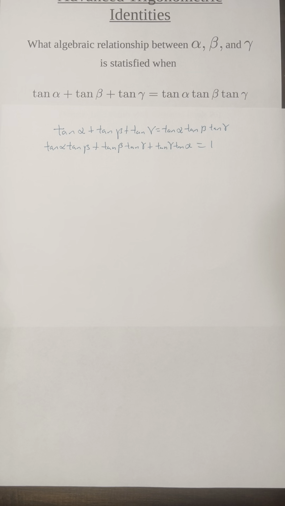Well, there is quite a lot of symmetry here, so what are some strategies to exploit symmetry? Creating a polynomial and applying Vieta's relations is one. Yeah, let's go ahead and try that.